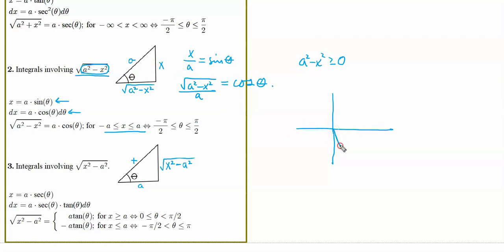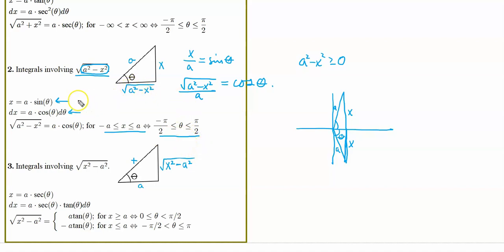Where x is close to negative a, if that side is a, then this angle theta would be close to negative pi over 2. And if x goes up towards a, here's x and here's a, then this angle right here will be close to positive pi over 2. So that's why we get these limits right here.